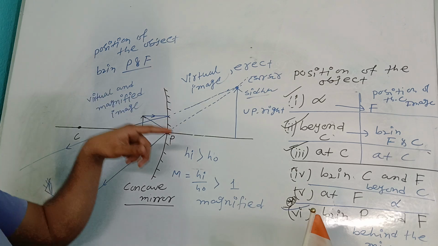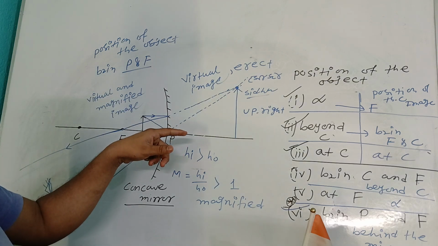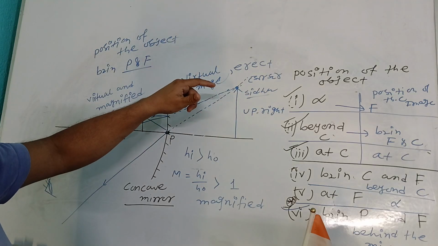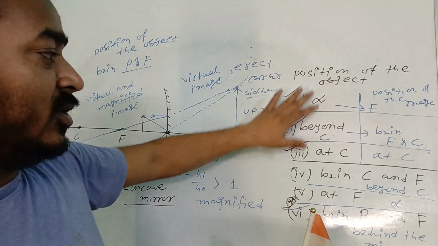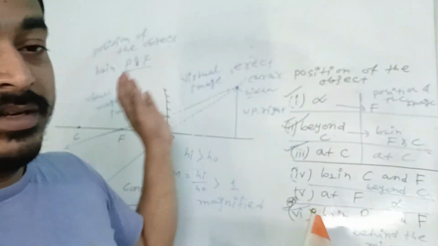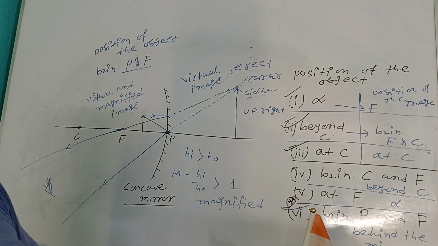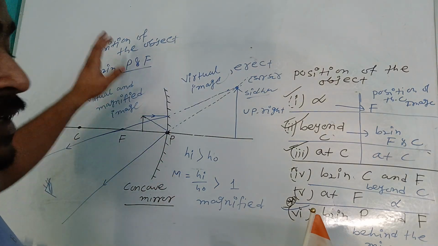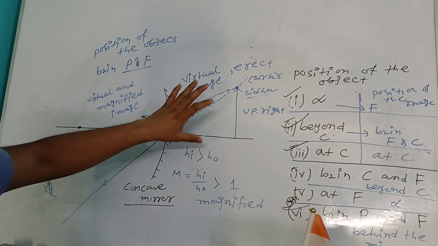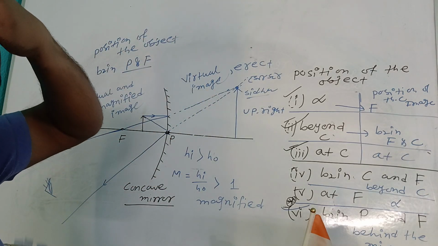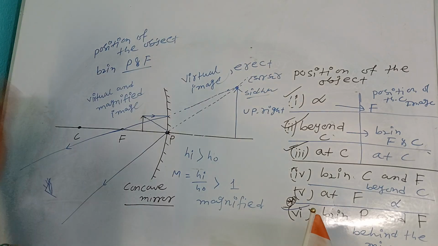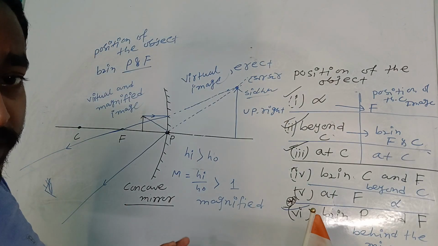So we get a virtual magnified image, erect, virtual. So position of the object, position of the image, done. In different books it is given in a chart, so no need to memorize, you have to follow the method and you can remember it easily. Okay. So this part is clear up to here.